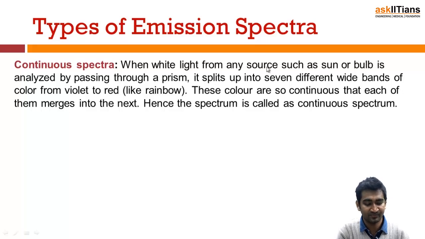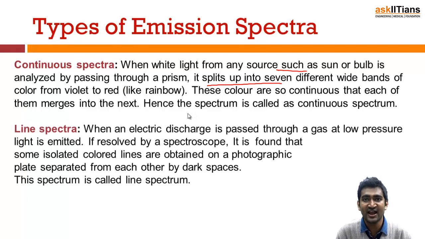For example, natural sunlight or a bulb, whose light gets split up when you pass it through a prism, like a rainbow. So these are continuous spectra. Next we have line spectra. In the case of line spectra, I get a line with some gap, then another line with some gap, and in this way I get line spectra.